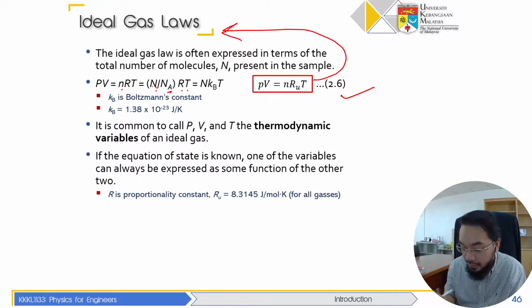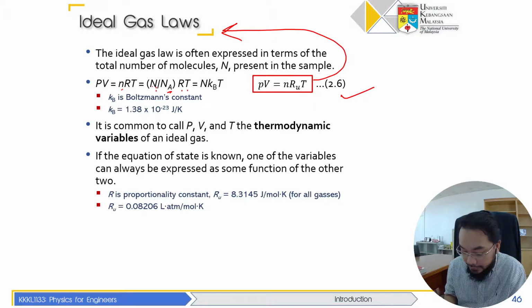So in the ideal gas law, pressure times volume is equal to the number of moles times Ru, the universal gas constant, times T. It is common to call P, V, and T the thermodynamic variables of an ideal gas. If the equation of state is known, one of the variables can always be expressed as some function of the other two. R is a proportionality constant or gas constant.